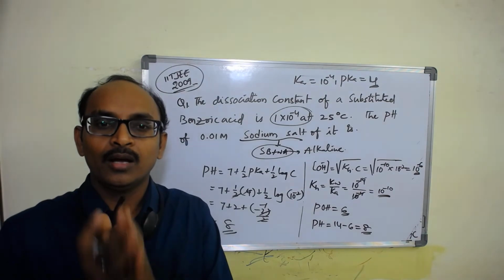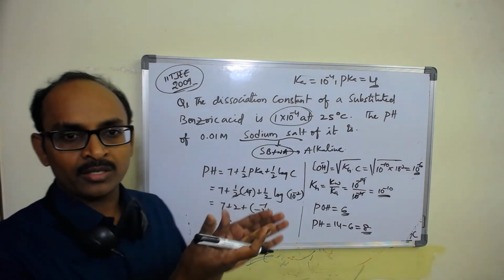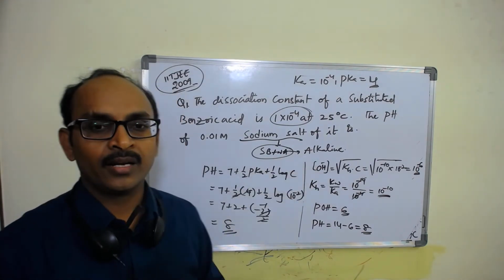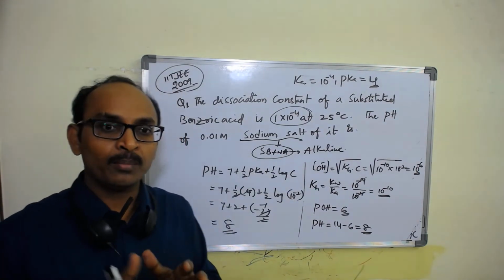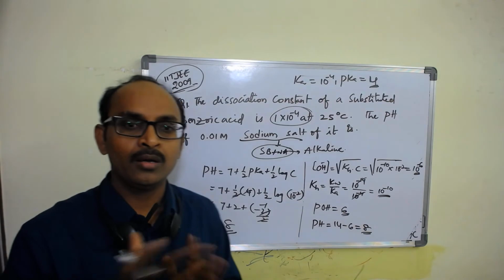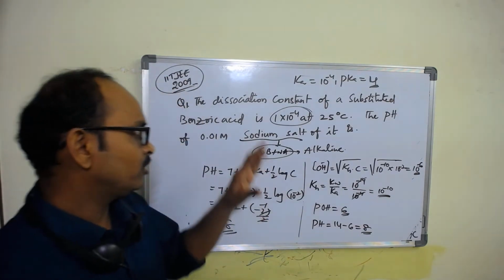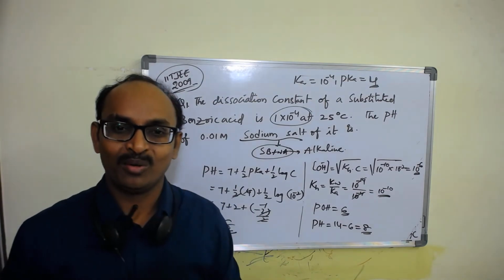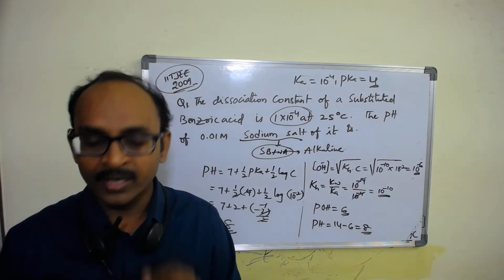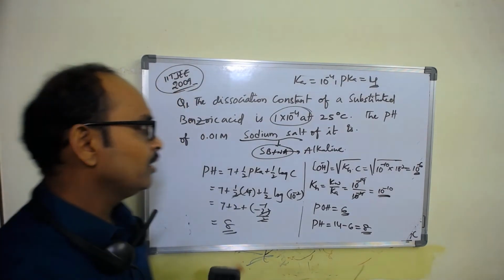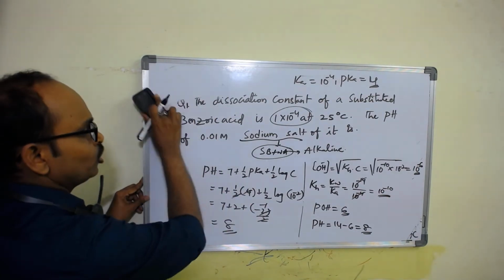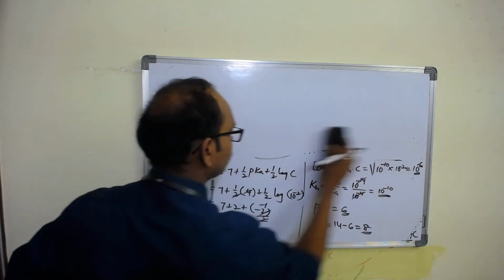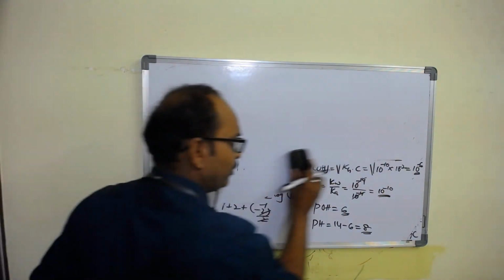I am not telling you to remember both formulas. Remember any one formula and get the answer from that. It is not compulsory to remember this formula or that formula. This is a directly formula based question only, asked as a single integer question in 2009 for plus 4 and 0, because the marking scheme used to be plus 4 and 0. Another question we'll be discussing now.